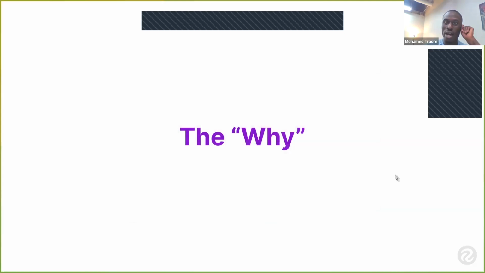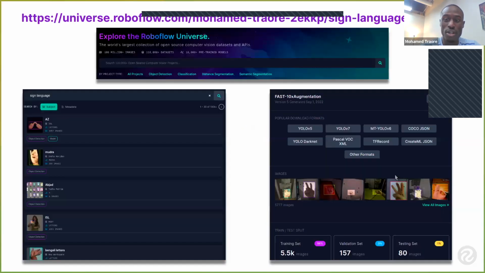So we're talking about the why in this section, of why choosing sign language detection. So when you look on Roboflow Universe, for example, you'll find that there are hundreds, thousands of projects. And when I looked in Roboflow Universe for different topics that I could look to present on, based off what it seemed that people were highly interested in, or what people were really looking to solve, what they found as worldwide problems.